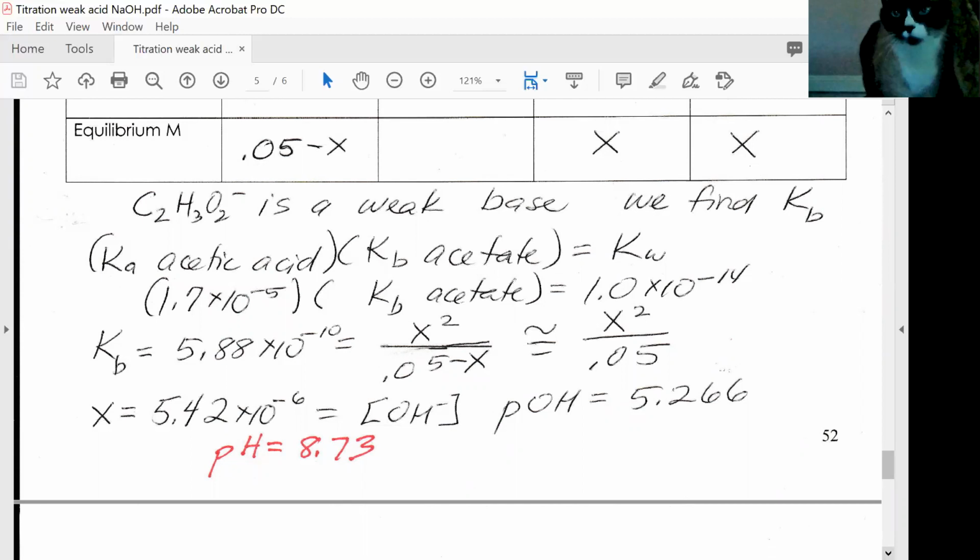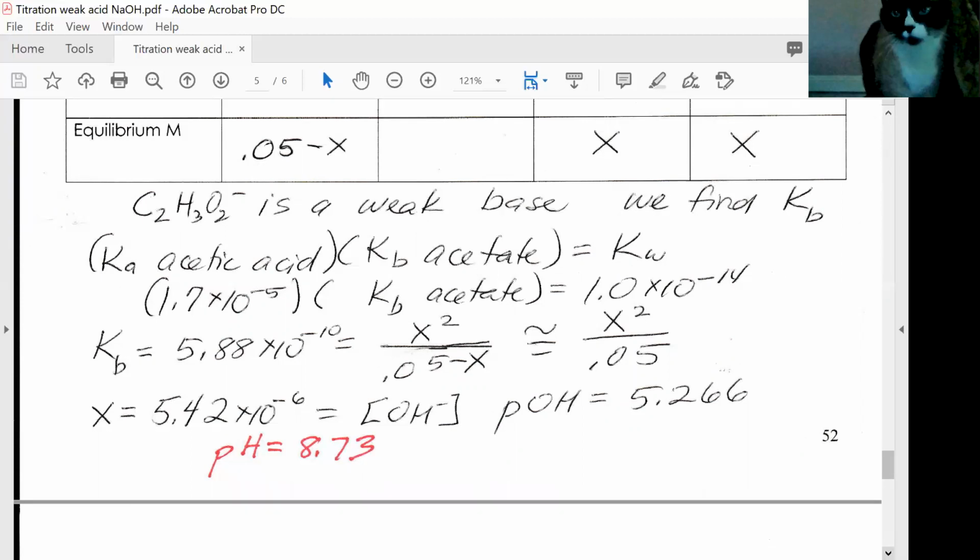So use your ice table to set up your equilibrium expression and use the 5% rule. So go ahead and copy that down. Solve for x. Our x is 5.42 times 10 to the minus 6.